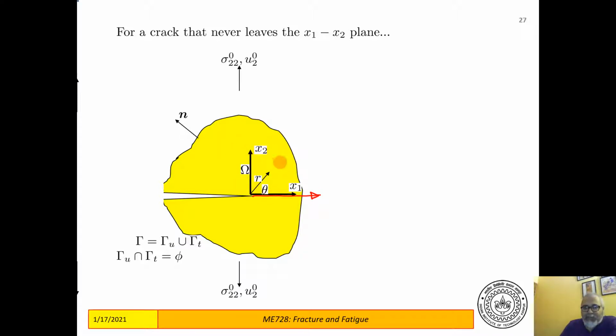And symmetry specifically means that if I take a point here, and if I take a point which is a mirror image of it about the symmetry axis, which is the crack line, then the stress state here is a mirror image of the stress state here. So that means sigma 11 and sigma 11 has to be the same. Sigma 22 and sigma 22 here has to be the same as well.